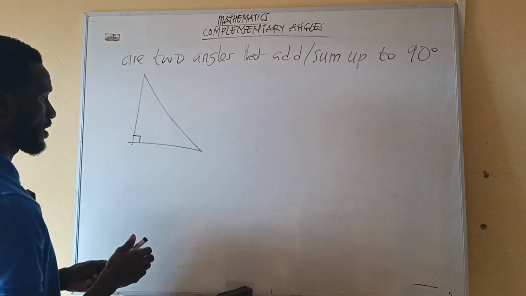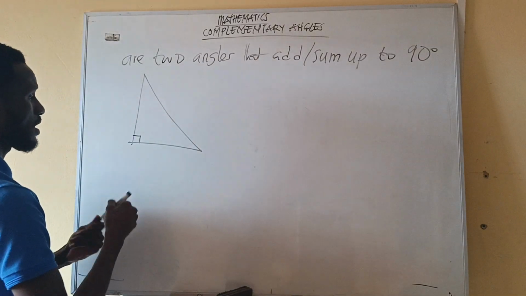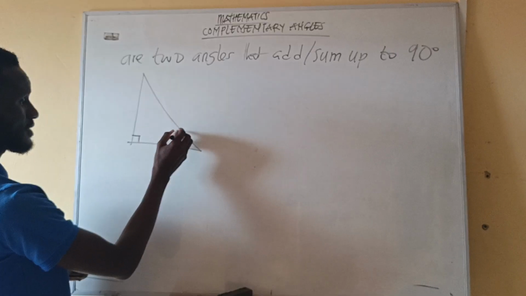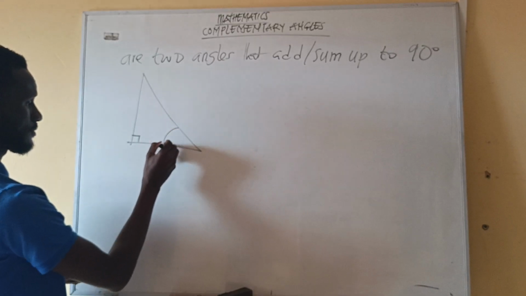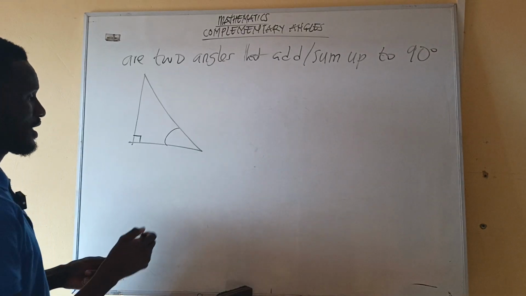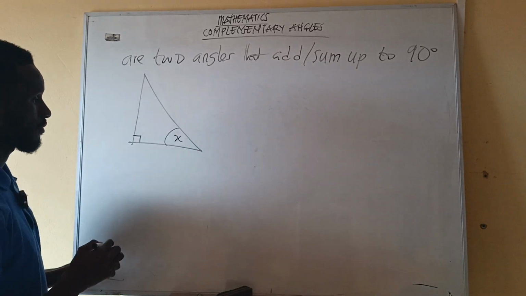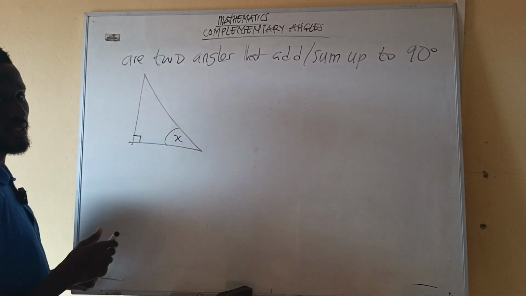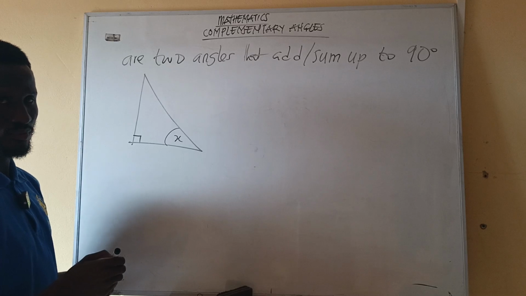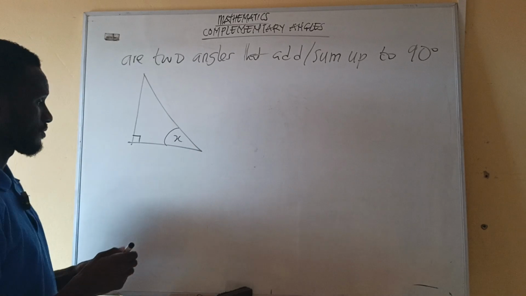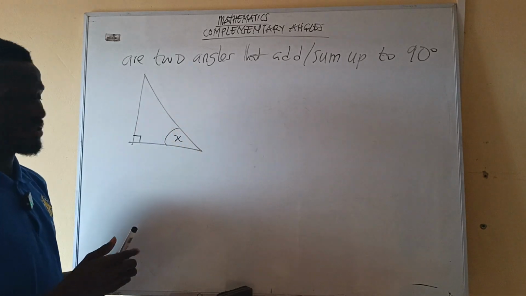Now, the first thing, if I consider this particular angle, if this angle is x, then what will be this other angle?